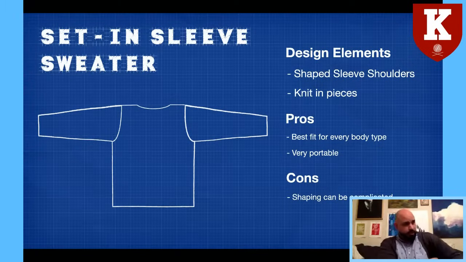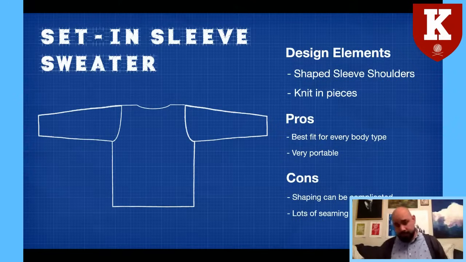So you just get a little indent at the bottom to wrap around the midsection of the body, and then it comes sort of like a straight line. But that's not going to give you the best fit compared to a traditional set-in sleeve. Either way, it's still going to give you more of a custom fit than any of the other ones, but that shaping can be daunting for some people.